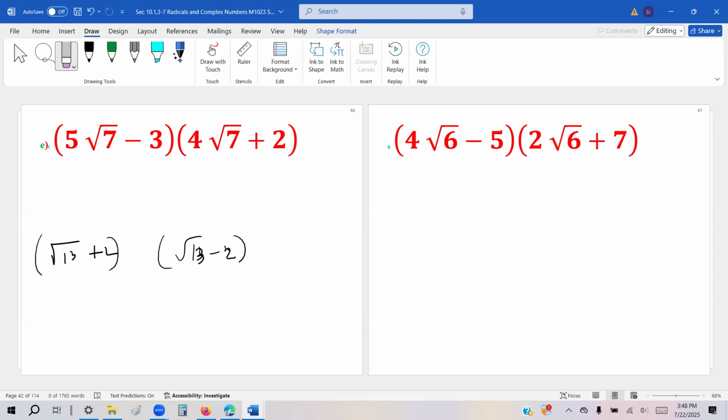Or is it negative? No, 145. Square root of 4. Okay.